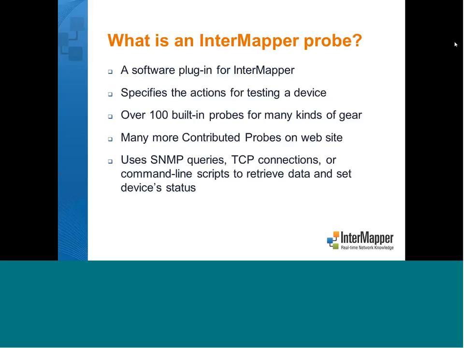A probe is a software plugin for InterMapper, and the probe specifies how InterMapper is supposed to test the device. A probe specifies whether to use SNMP queries, or to make a TCP connection to the device, or to run some kind of script to retrieve data from the device and then compare that to the thresholds that you set, and that determines the device's status.